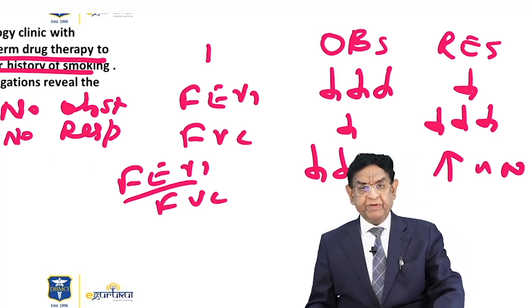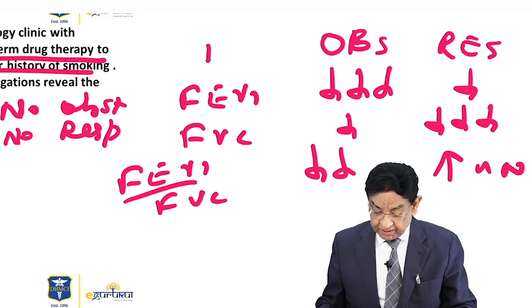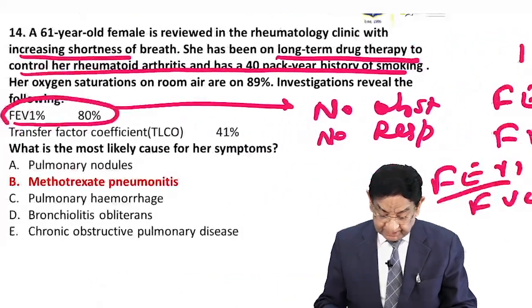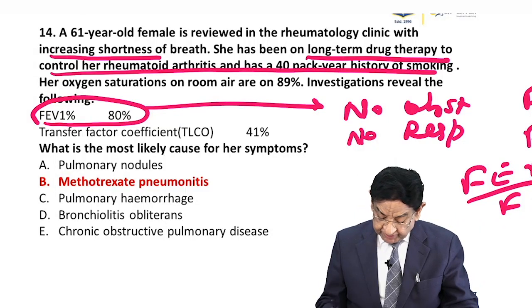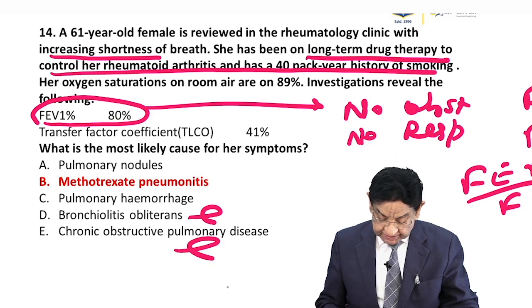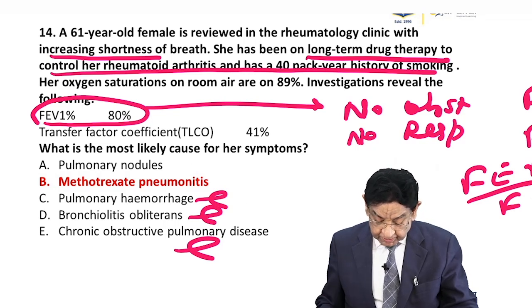So here FEV1 of 80% is normal. That means the patient doesn't have an obstructive or restrictive airway disease. So we can very well rule out obstructive airway disease, and that will lead to ruling out restrictive airway disease as well. Okay, so all are ruled out.